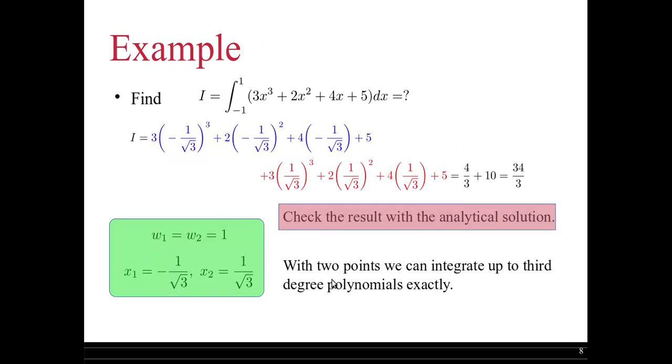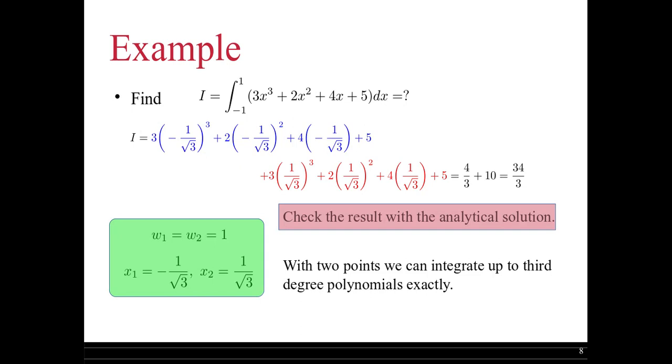just do an example. So let me just do the integration I is equal to integration from minus 1 to 1 of the polynomial 3x cube plus 2x square plus 4x plus 5 dx. So this is a general third degree polynomial. As I am using 2-point rule, I can go up to third degree polynomial.